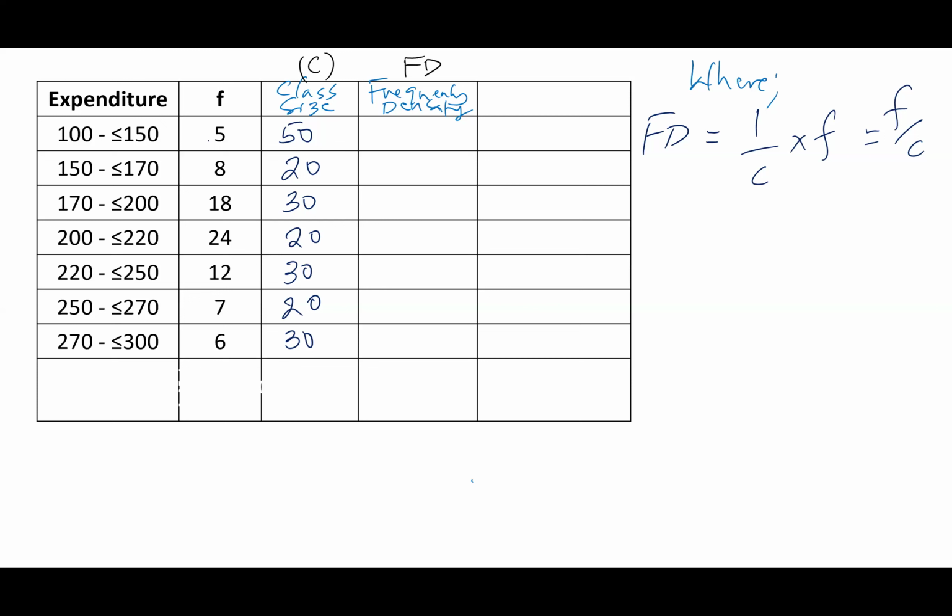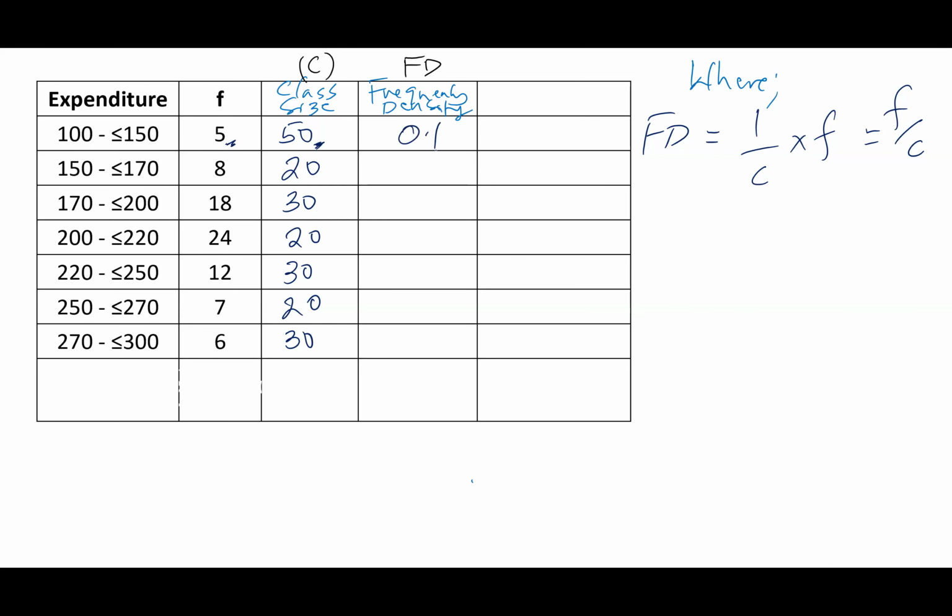What do we get? 1 over 50 for the first one. So it's going to be 1 over 50 times the 5, that is 0.1.